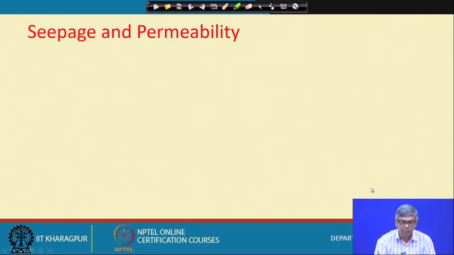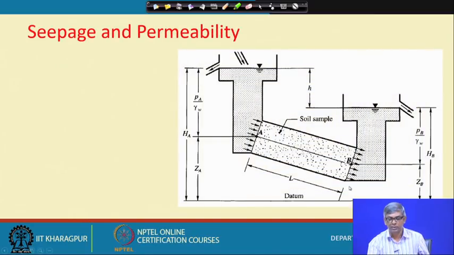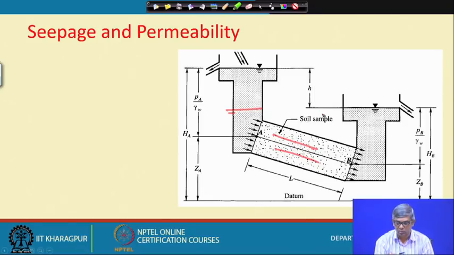Now, let me go to the next. This is how to calculate the head, as shown in this figure. Suppose this is the soil mass through which flow is taking place. If I lower this tank to the same height as this, then there will not be any flow through this.